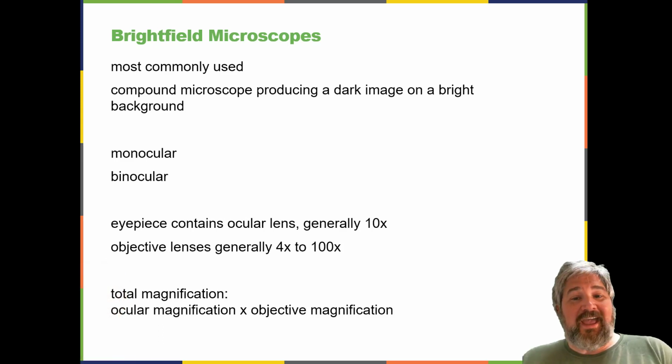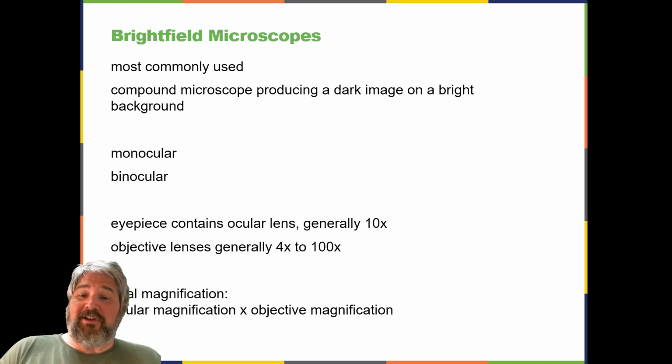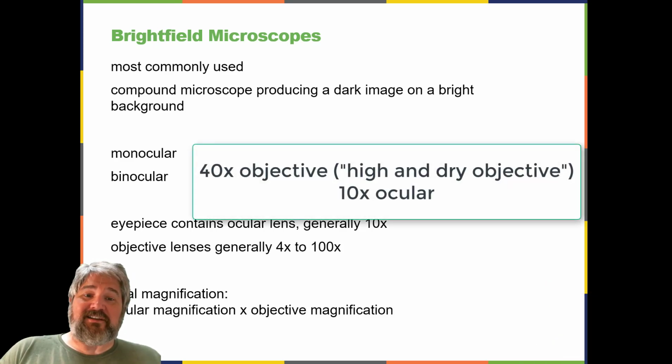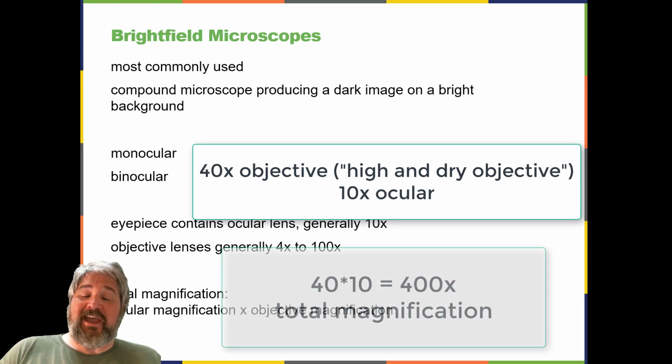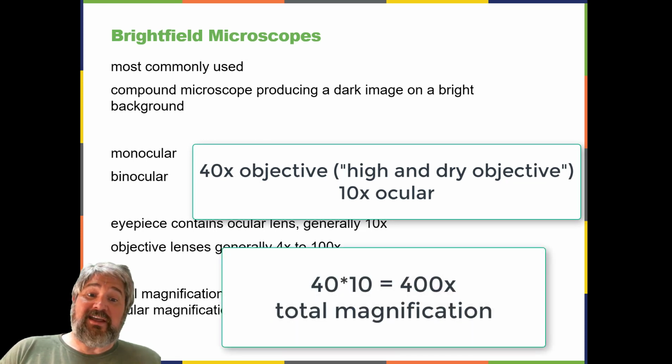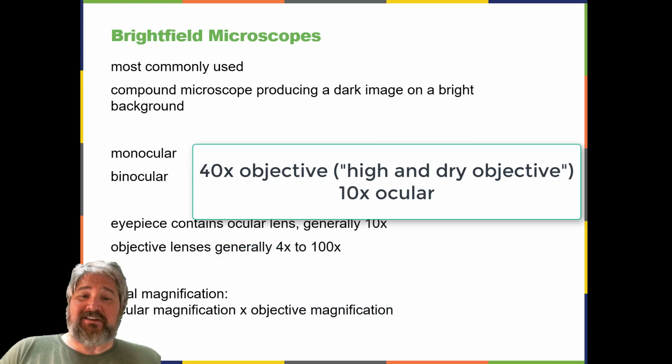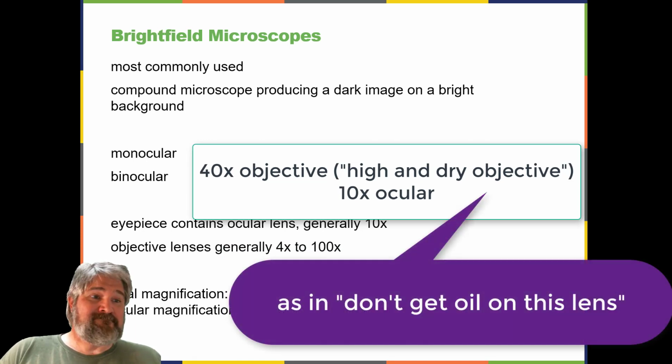The total magnification is the product of the ocular magnification times the objective magnification, as indicated here. For example, if a 40x objective lens is selected and the ocular lens is 10x, the total magnification would be 40x times 10x equals 400x. Now, the 40x objective is traditionally called the high and dry objective.